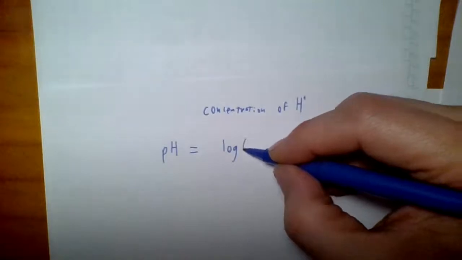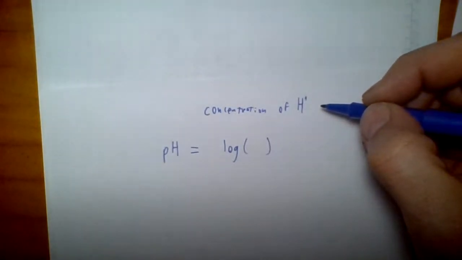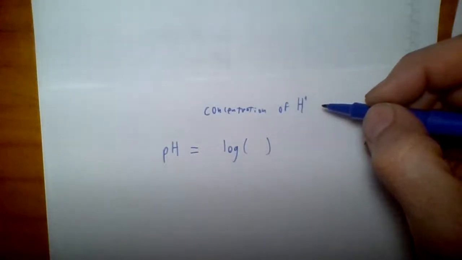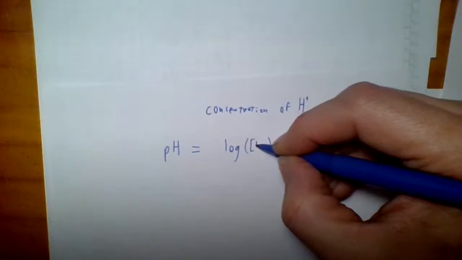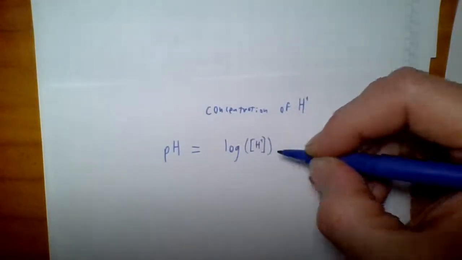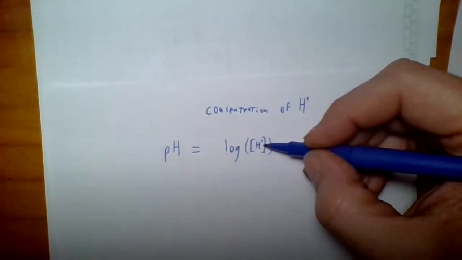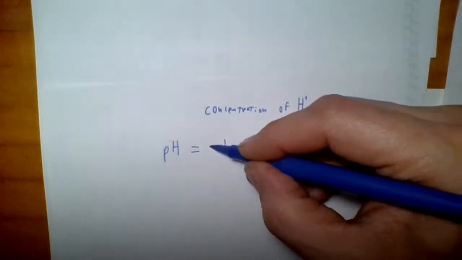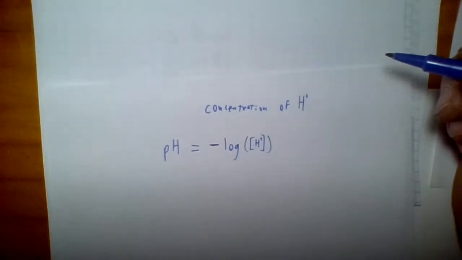So we take the concentration, written this way, and take the log of it, which gives us a negative number. They didn't want negative numbers to use for the scale either, so they made them positive. They take the opposite of that. That's the relationship that's going on there.